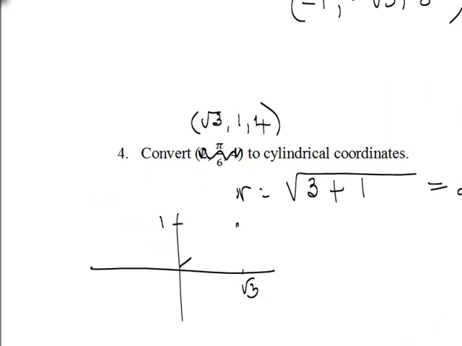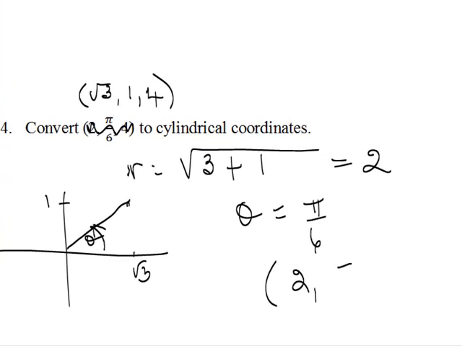So you're looking at this point. And this is the angle. What angle did you get for that? Pi over 6. Good. And so your point is 2, pi over 6, 4. Okay, so I just wanted to do a couple of examples with you showing how you convert. All right? But let's go on to the real stuff now.